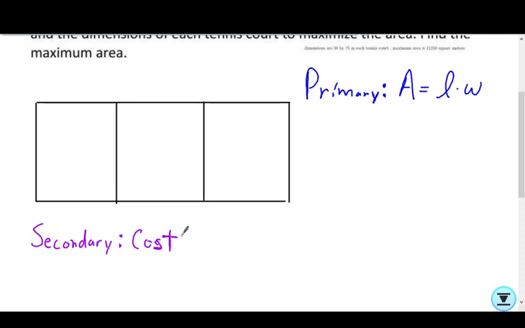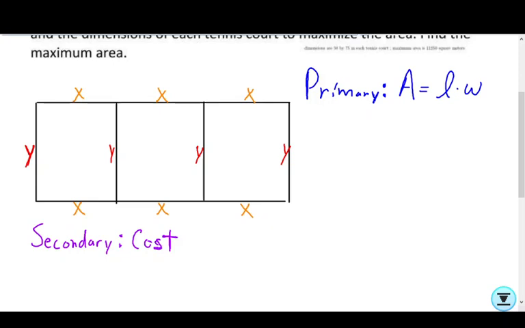Let's keep it simple and say that my vertical distances are y values. So I've got 4 fences here that are y, and then these horizontal distances are x values. I'm going to use these x's and y's to create my primary and my secondary equation.